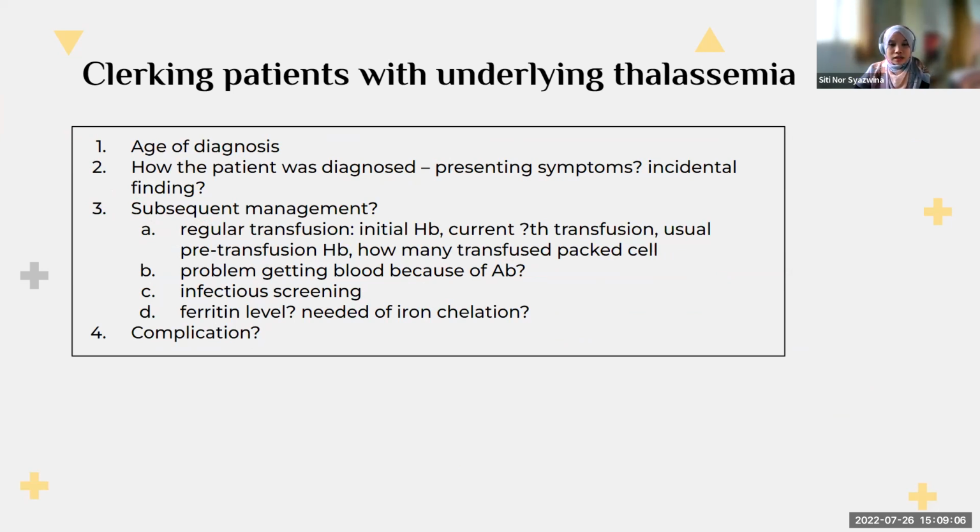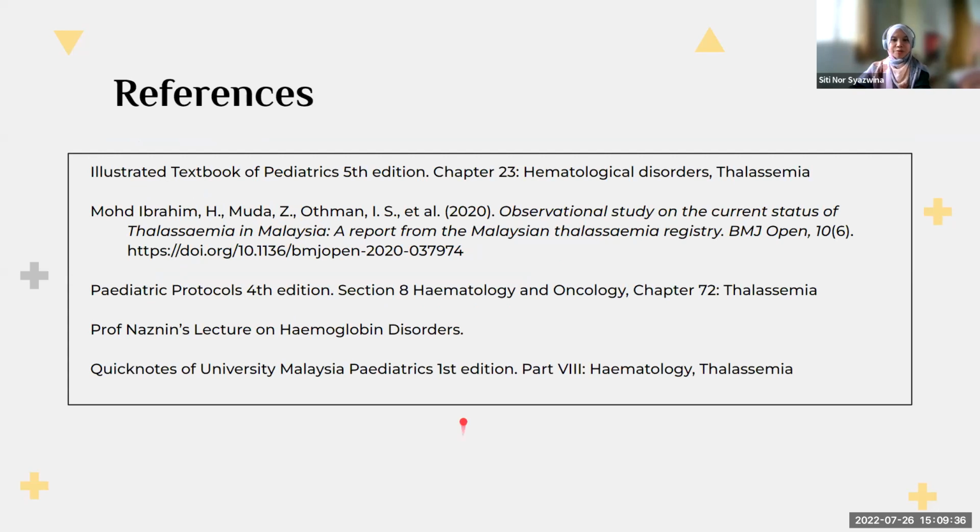So first, for the history of presenting illness, we ask for the age of diagnosis and how the patient was diagnosed, either the patient came to the casualty with anemic symptoms, or it was an incidental finding during regular follow-up, and how the subsequent management went, and any complications from the transfusion or from the thalassemia itself. Okay, so that's all. Thank you.